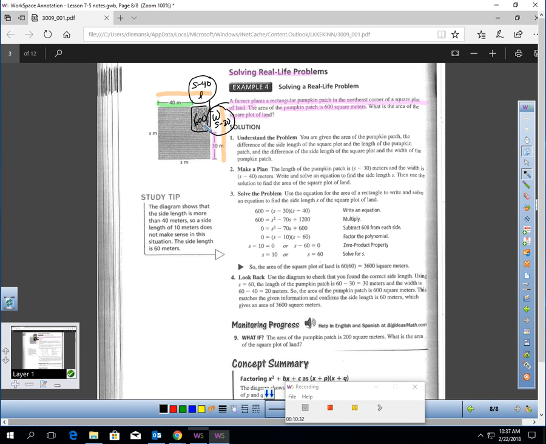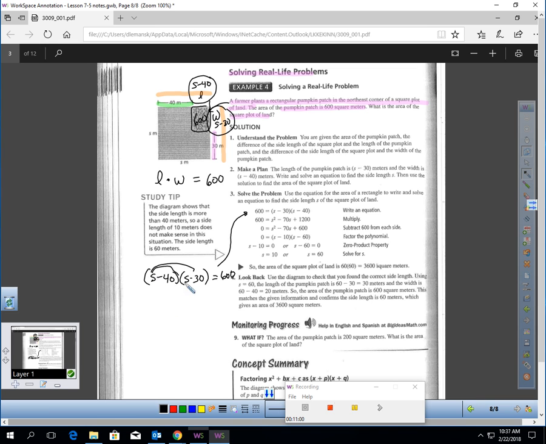So we all know that to find the area of a rectangle, length times width would equal the area, which is 600. Now the length is S minus 40, and the width is S minus 30, and that should equal 600. Okay? And you notice that's what they have here. Now I want to solve this. So to solve it, the first thing I'm going to have to do is double distribute.